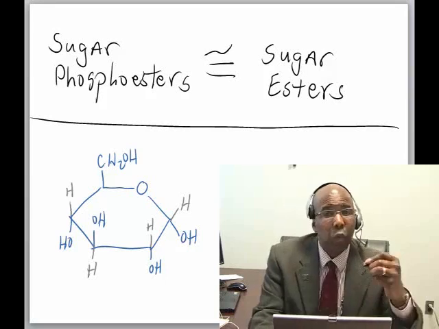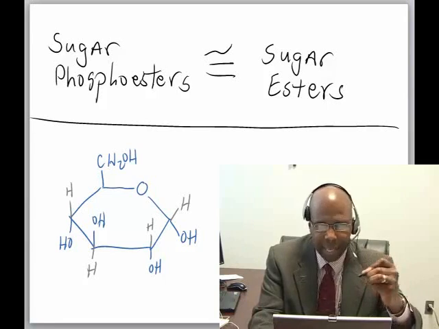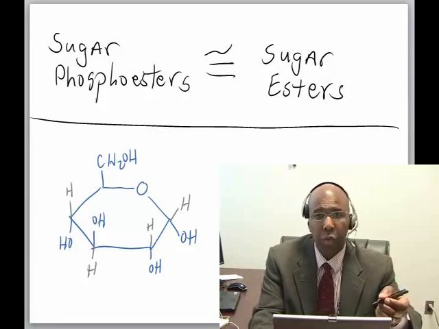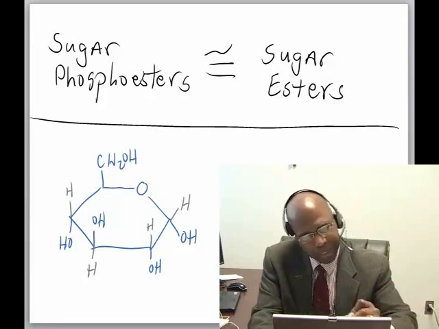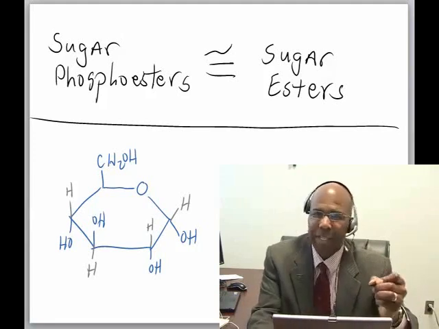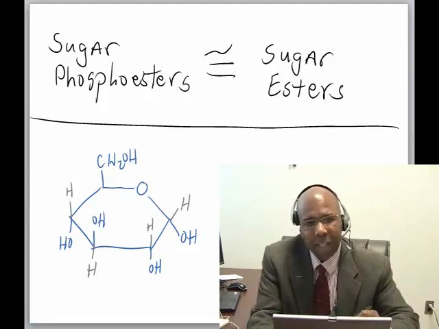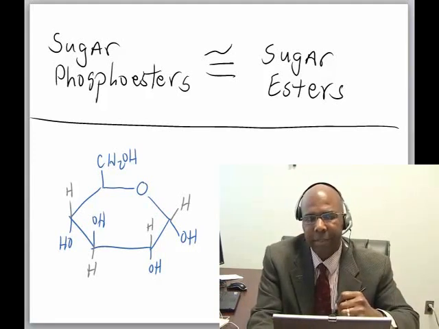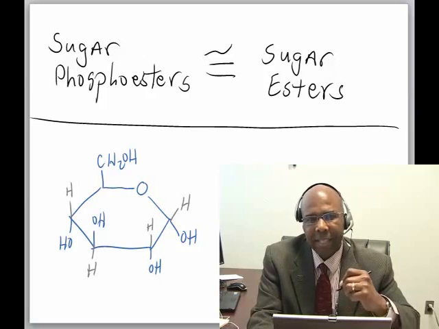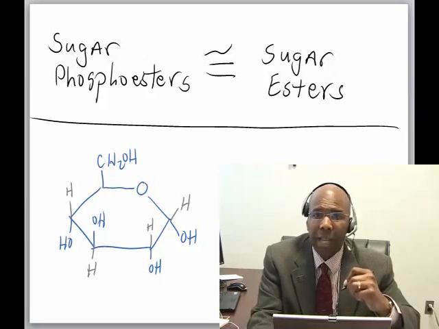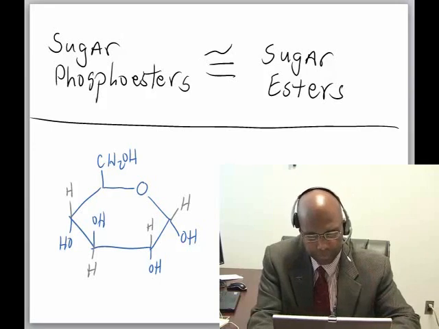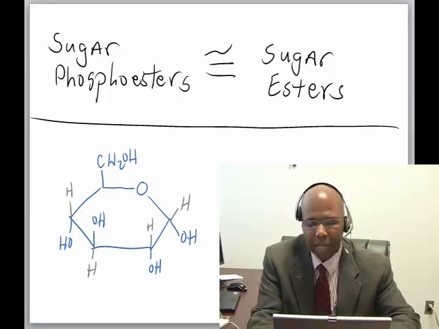Now, we all know that this is alpha-D-glucopyranose. But a lot of times when you're reading textbooks and papers, the author will not use the complete name of the compound.